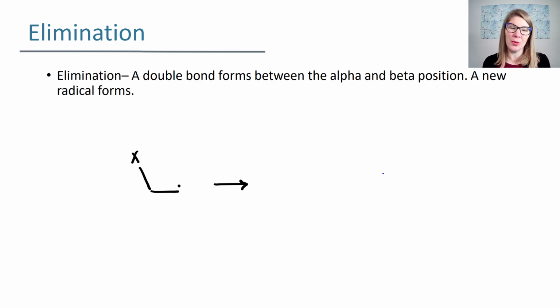In an elimination reaction, this is kind of like the backwards of that addition version. So you're starting with a radical where you have an X present, and what we want to end up with is an alkene and an X radical. So this bond between carbon and the halogen needs to break. One electron needs to go on to the halogen to make that halogen radical.